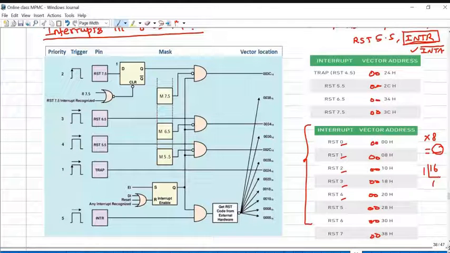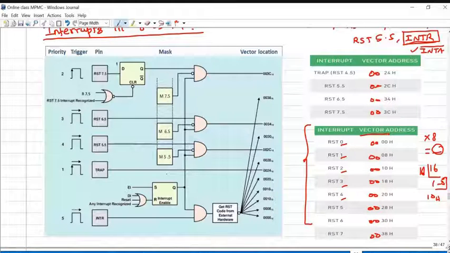So 1 times 16 is 16, remaining 0, so 10H. Like that, for RSTn, multiply n with 8 to get a decimal number, convert it into hexadecimal, and you will get the vector address of the RST instruction.